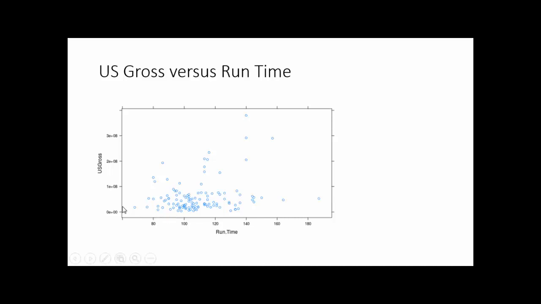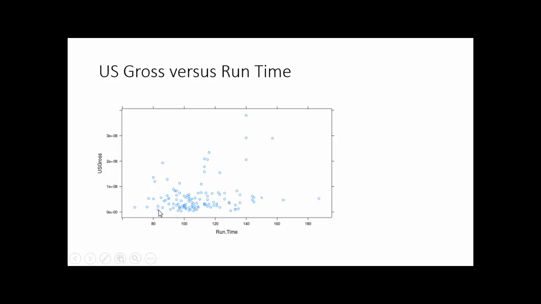It's kind of hard to tell, right? I mean, we've got some things going up here, but we also have sort of a flat part down here. That is, long movies can make a lot of money or a little money. But it seems the same thing is true down here.